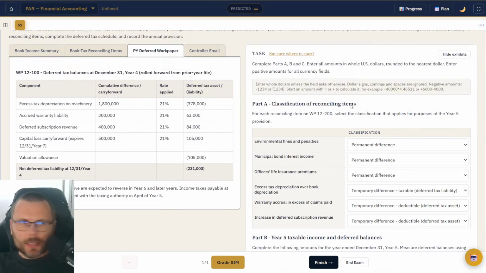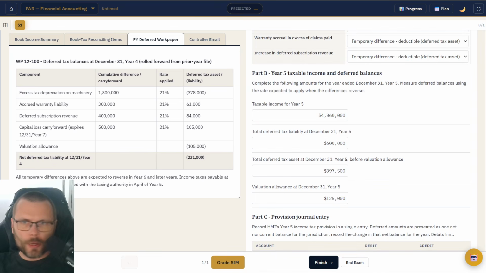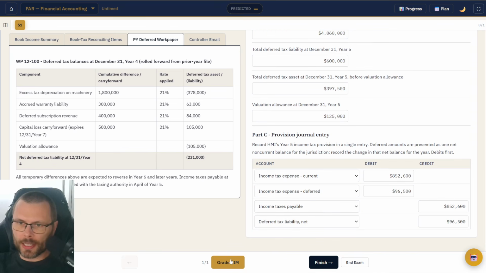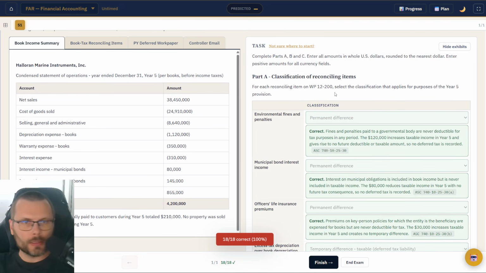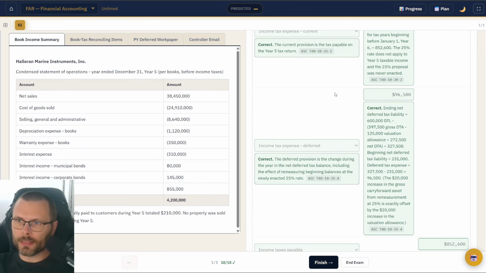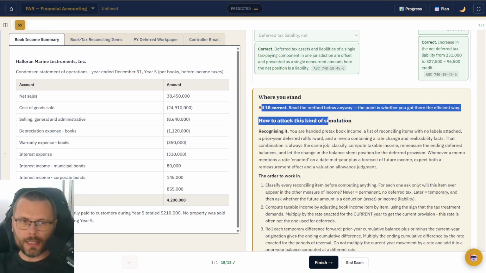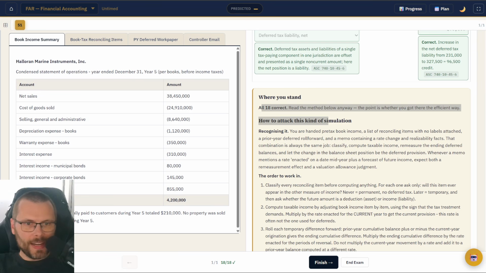And that's it. Usually I like to give these a once more, but I'm pretty comfortable with all these answers. So let's grade it and see. Lots of green. Green, green, green, green. Yes, yes, yes. All green. All 18 correct.